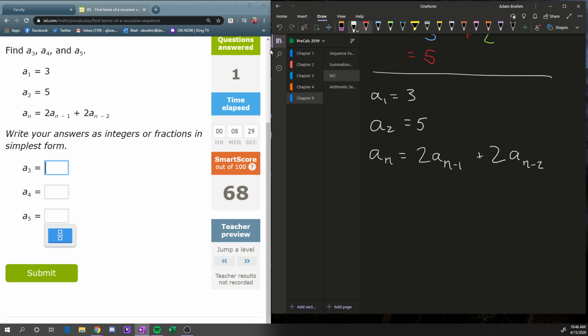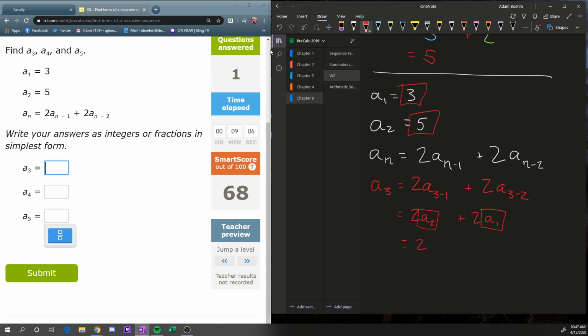Okay, so if we just substitute in A3, A3 is equal to 2 times A3 minus 1 plus 2 times A3 minus 2. And we have both A2 and A1. So we just substitute those in for what they're actually equal to.